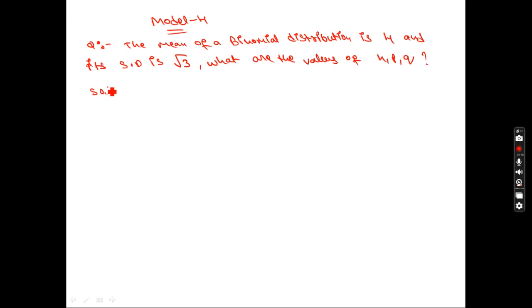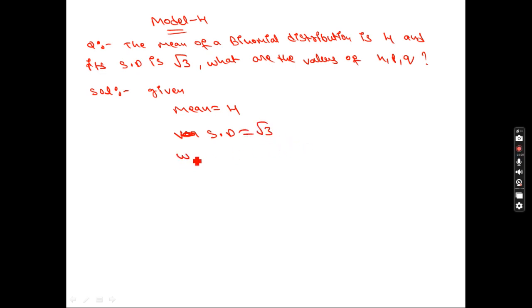Now the solution. You just write down the values which are given in the problem. Mean is given as 4, and standard deviation is given as √3.